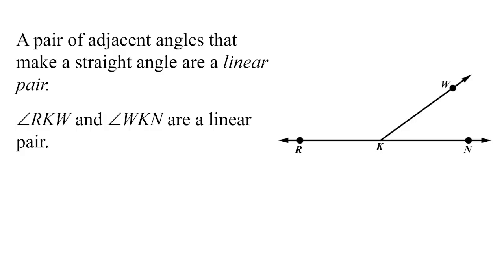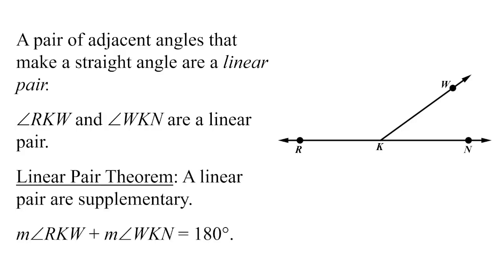So angle RKW and angle WKN's total measure is 180. And that's what the linear pair theorem said. A linear pair are supplementary. Therefore, the measure of angle RKW plus the measure of angle WKN is 180 degrees.